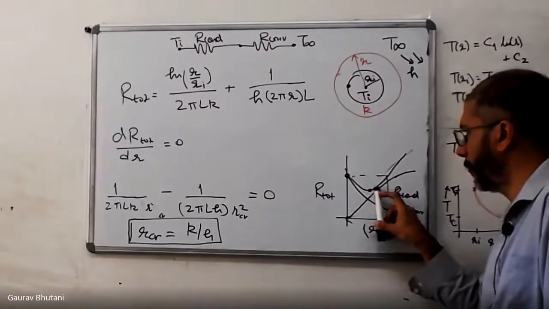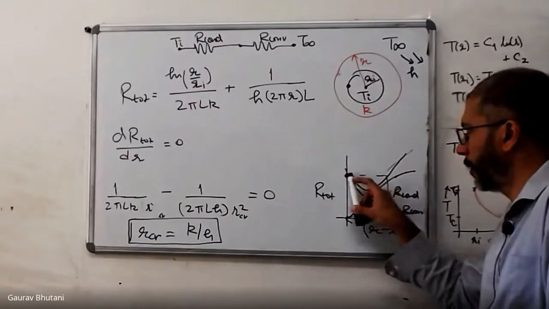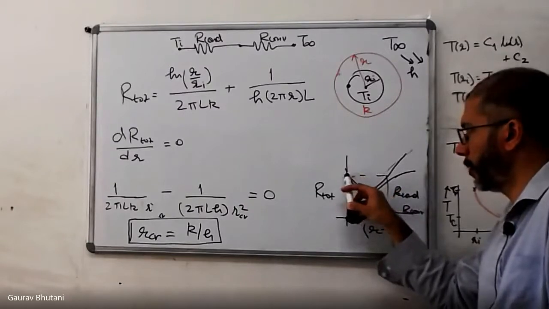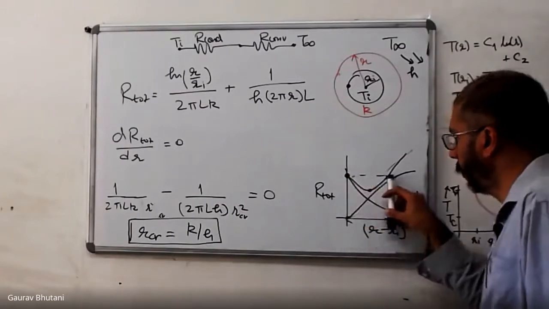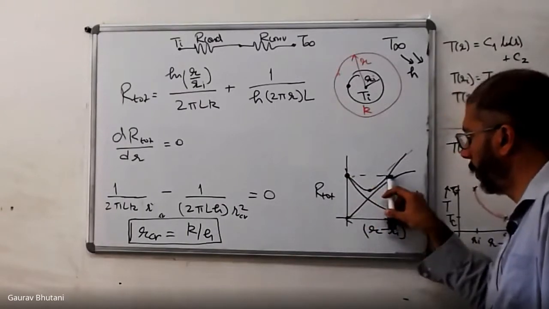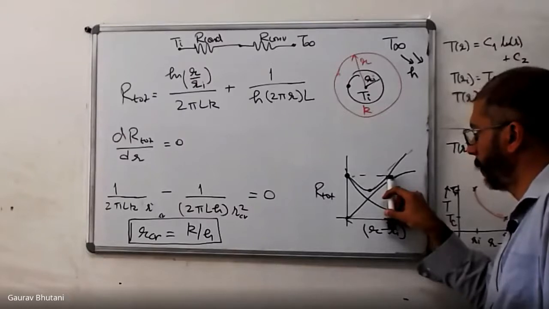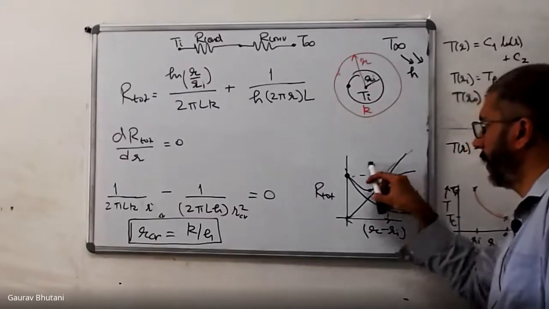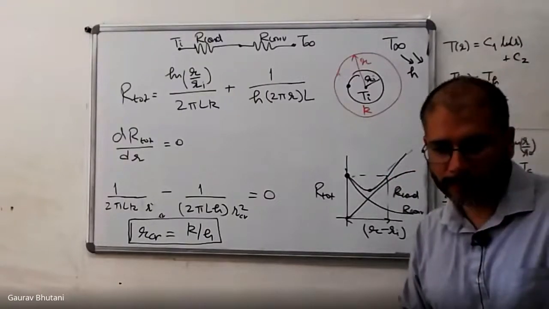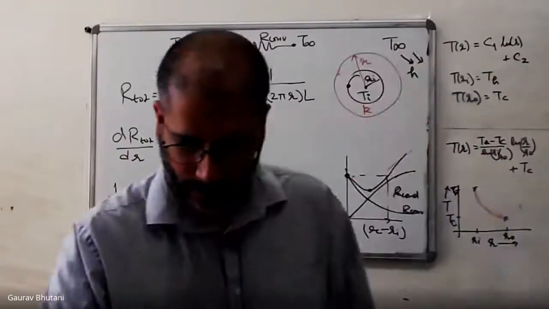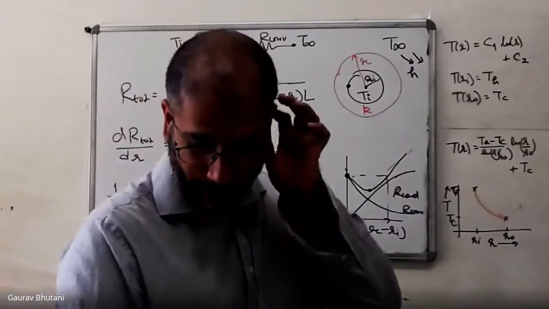If you start adding further, you are not doing much help, because you started with a situation where your resistance was this much. If you're supposed to increase the resistance, you're supposed to go for a thickness which is beyond this thickness here. If you go further, you will end up increasing your total resistance. Is that clear?